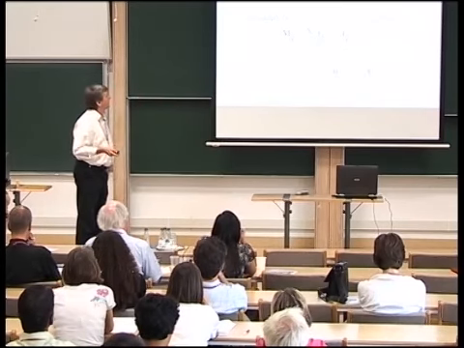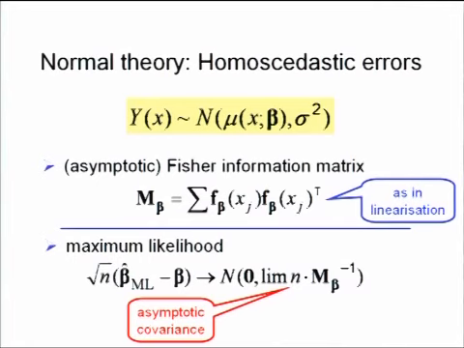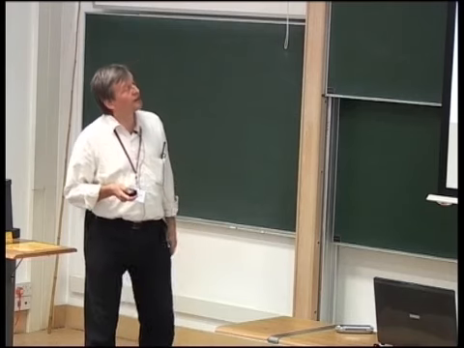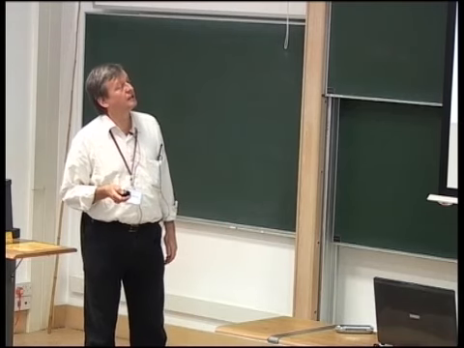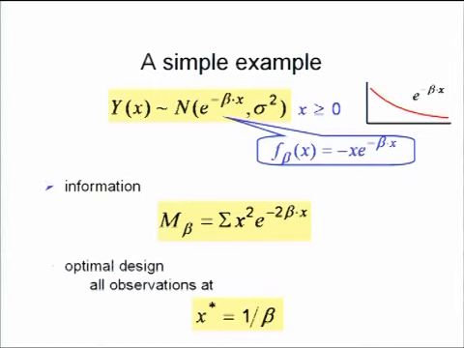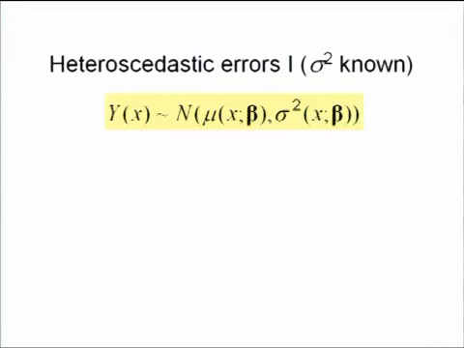And so the maximum likelihood estimate will be asymptotically normal. The asymptotic covariance is just proportional to the inverse of this information matrix. So everything is fine here. So in our example, everything goes through. We don't have to look more carefully. So it works out.